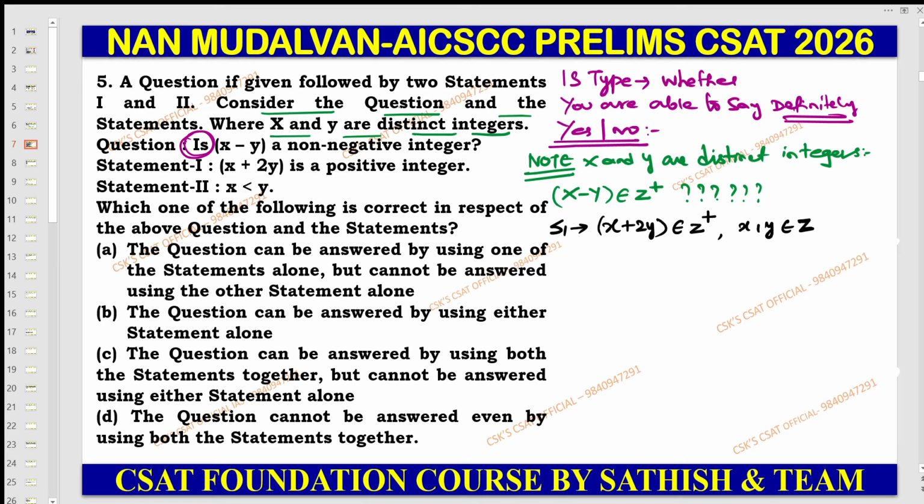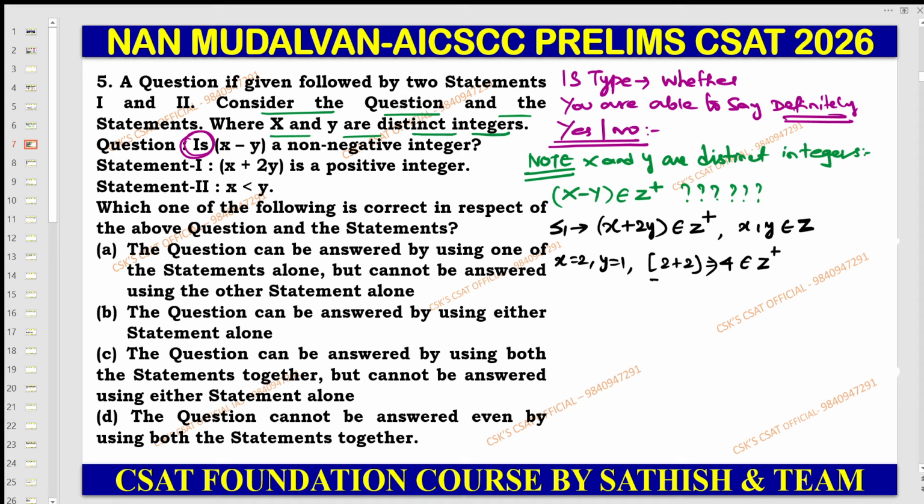So now let's see here. If you are taking x is equal to 2, y is equal to 1, what would happen? 2 plus 2, 4. 4 belongs to Z plus, a positive.